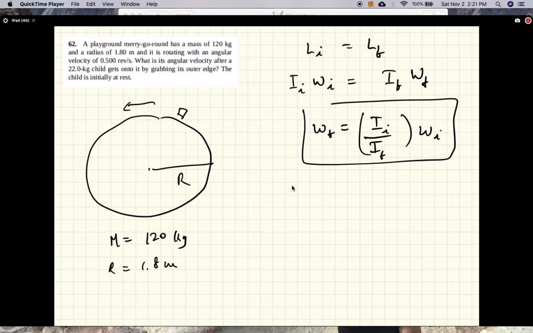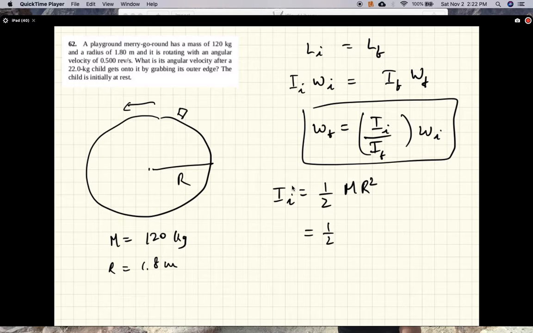Okay, so let's calculate all these quantities. I initial: the merry-go-round is considered to be a uniform disk. It's not stated properly, but it's one half M R squared, the moment of inertia of a uniform disk.